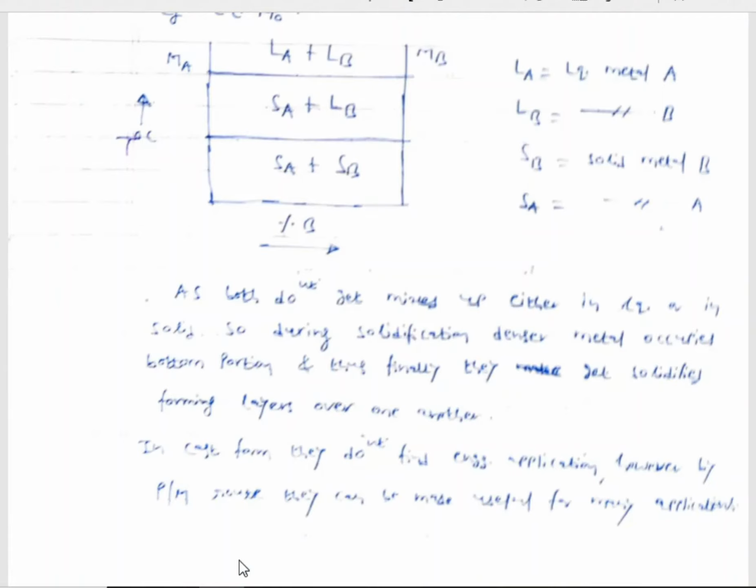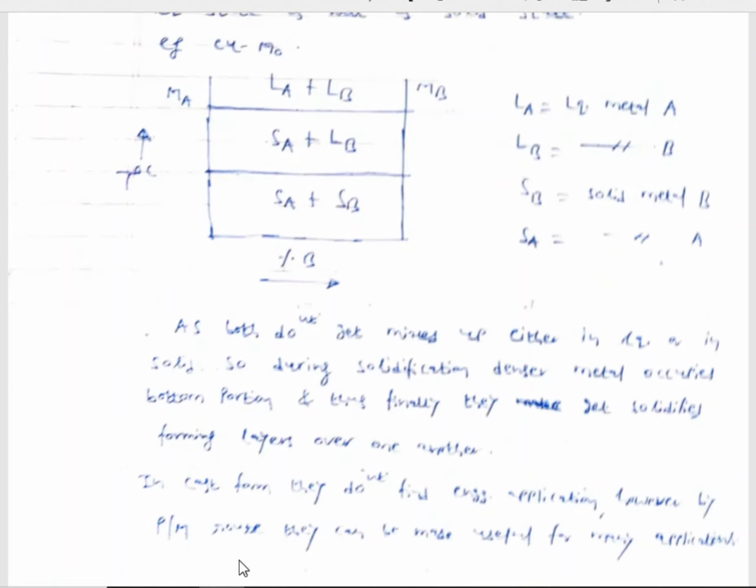In case of casting, they do not find much application. In the cast form, they do not find much engineering application. However, by the powder metallurgical route, they can be made useful for many applications.